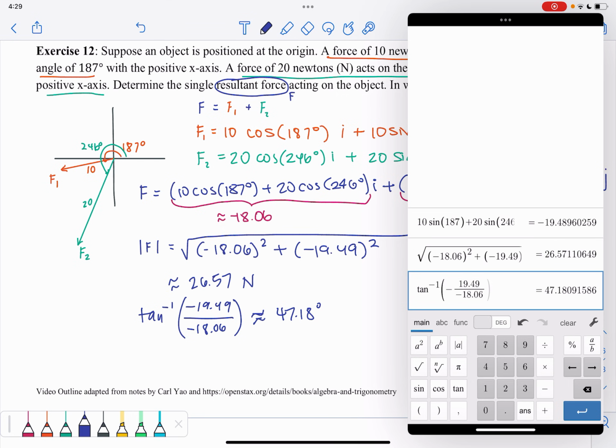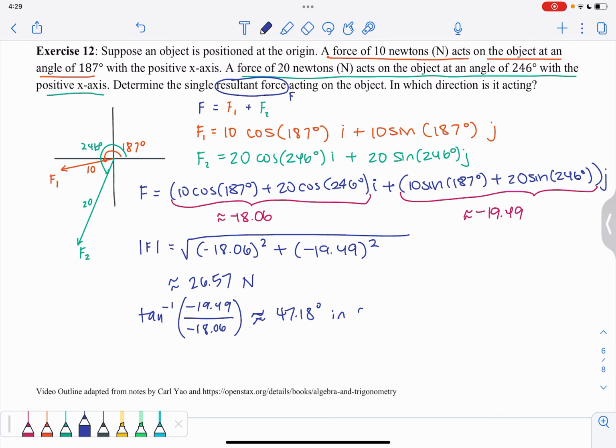But I notice that that is not the angle, because this lives in quadrant 3. My horizontal and my vertical components are both negative, so that's going to live down here in quadrant 3. What I need to do is add 180 degrees to 47.18 degrees to get my angle theta.